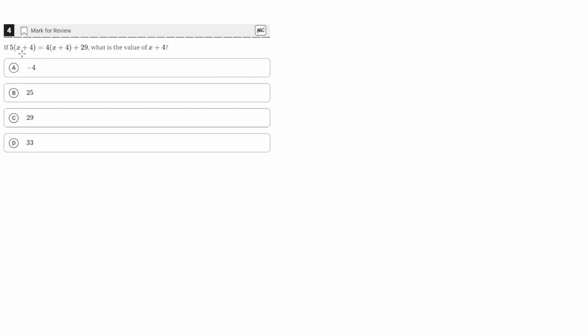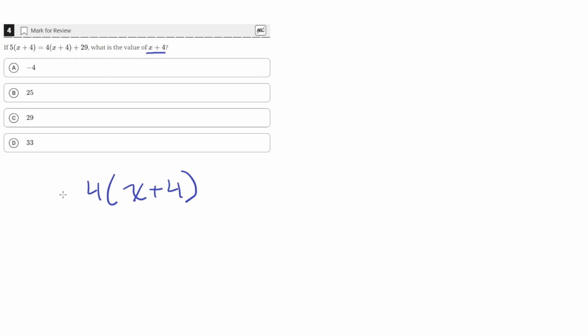If 5 times the quantity x plus 4 equals 4 times the quantity x plus 4 plus 29, what is the value of x plus 4? Okay, so we only need the value of x plus 4, so we can subtract the quantity 4 times x plus 4 from both sides in order to cancel out this x times the quantity x plus 4.